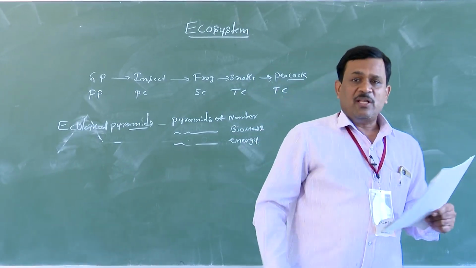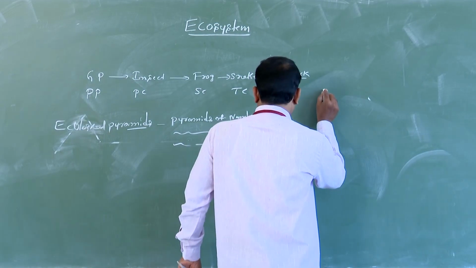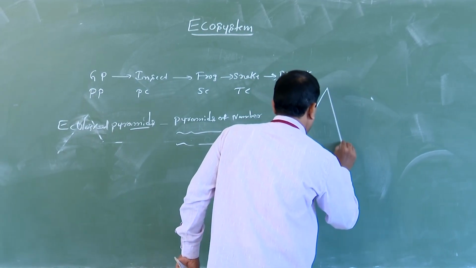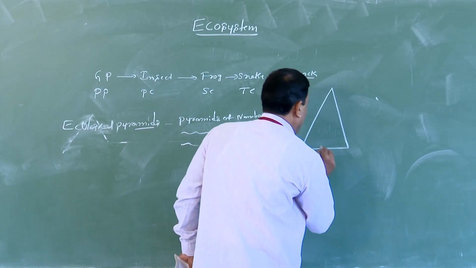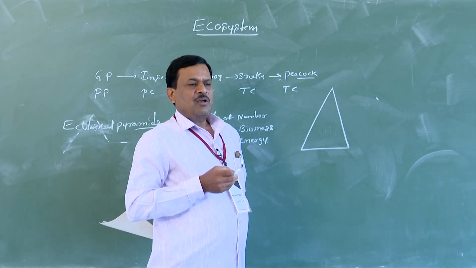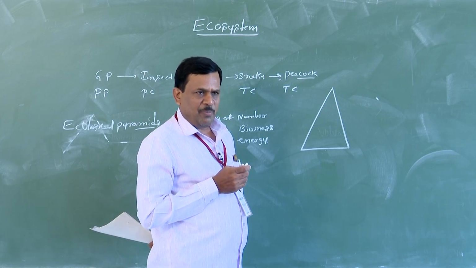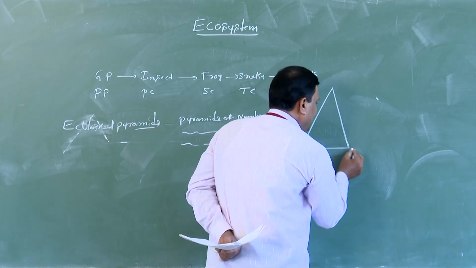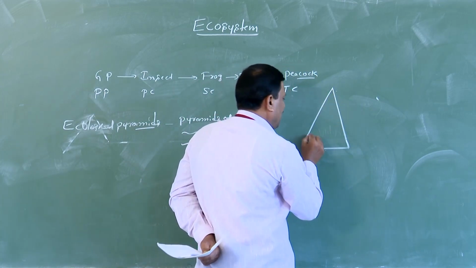Okay. First, you know the definition for this one. Look at the pyramid of energy. The plant absorbs 10,000 joules of sunlight, and energy is lost in the form of heat. Only 10% passes from one trophic level to the next trophic level.